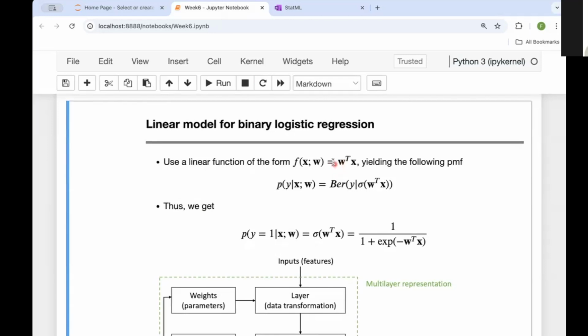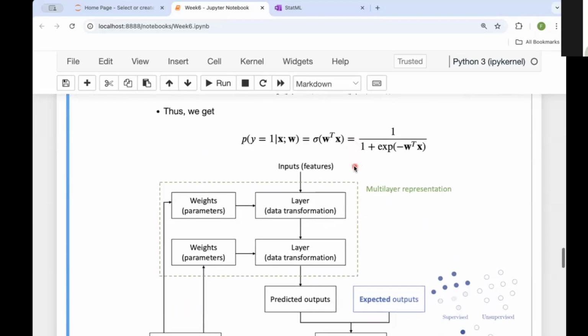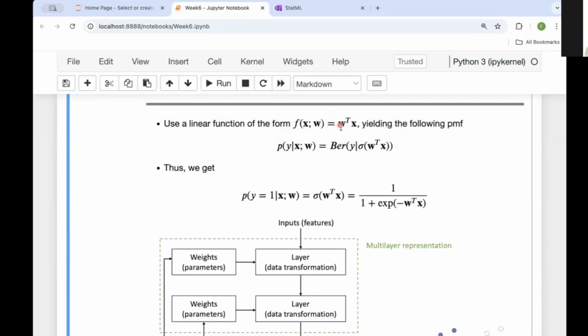One thing we can do to improve logistic regression in terms of being able to distinguish between different classes is obviously having more complex data transformations, which takes us back to this diagram we had from lecture 1. I said that this is very important because right now we can think about it in this way: in the very classic logistic regression, you do one data transformation, which is this dot product or inner product, and then you pass this to the sigmoid or logistic function.